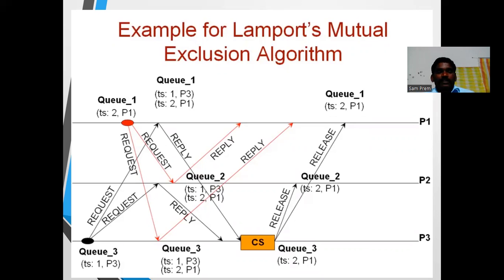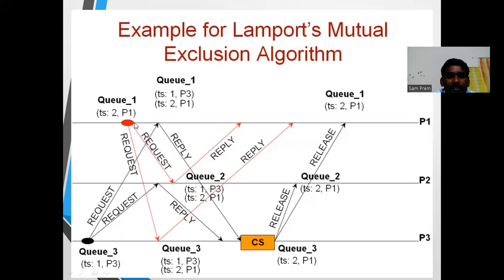Whenever it sends a request, reply or any message, it sends the timestamp. TS is the timestamp, 1 is the event, and P3 is the source of the event. Process P3 wants to enter the critical section, so it sends the request to both P2 and P1 with the timestamp (ts 1, P3).